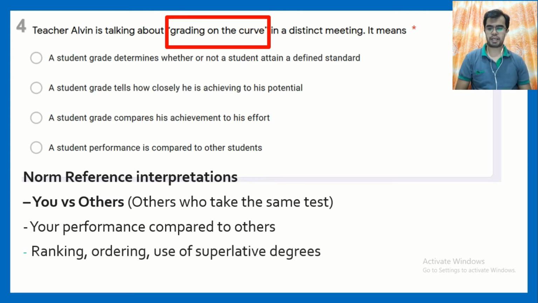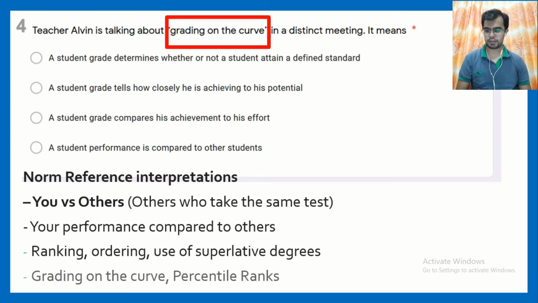The keywords may include ranking, ordering, or use of superlative degrees, and it also includes grading on the curve and percentile ranks. Based on the options, the correct answer is a student performance is compared to other students. Again, the keyword there is compared to other students.